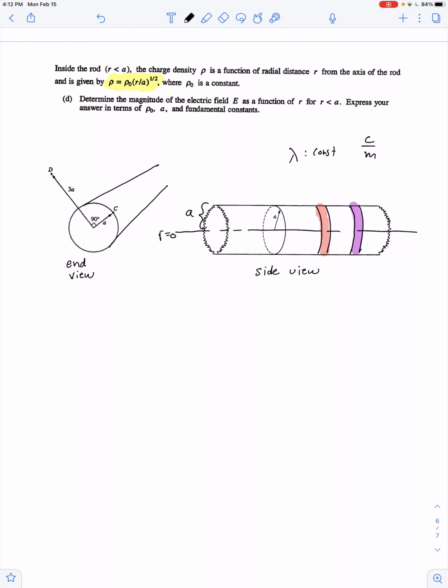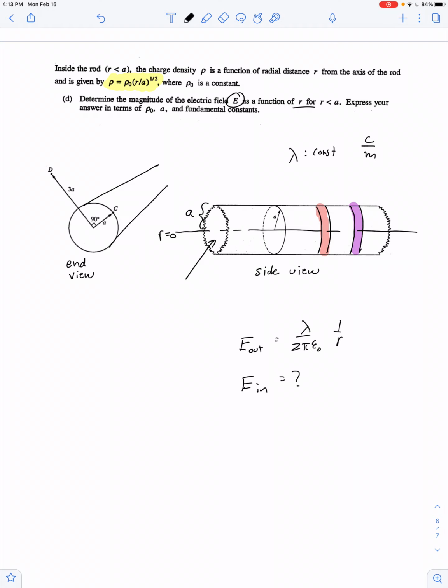So we have to determine the electric field as a function of r for points inside. So I already know E out is lambda over 2 pi epsilon naught times 1 over r. So this part of the problem is asking us what the heck is E in.